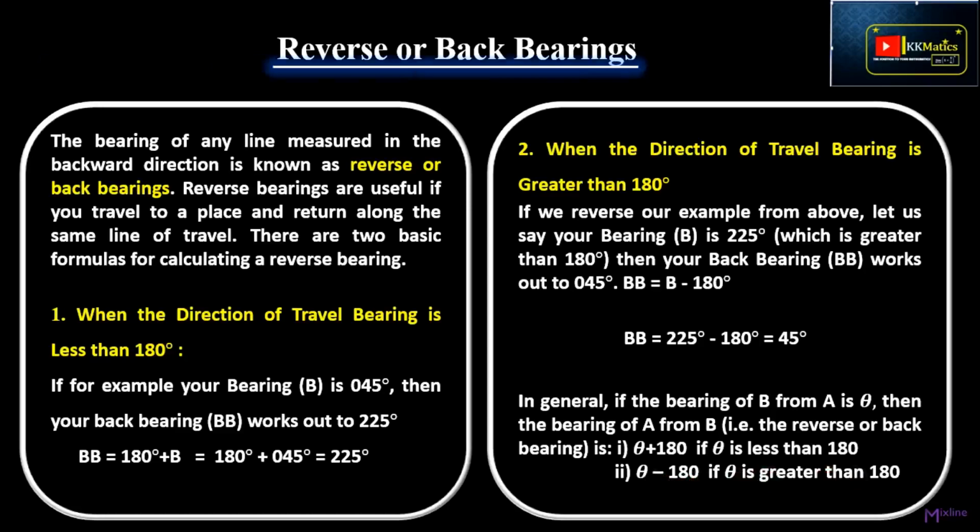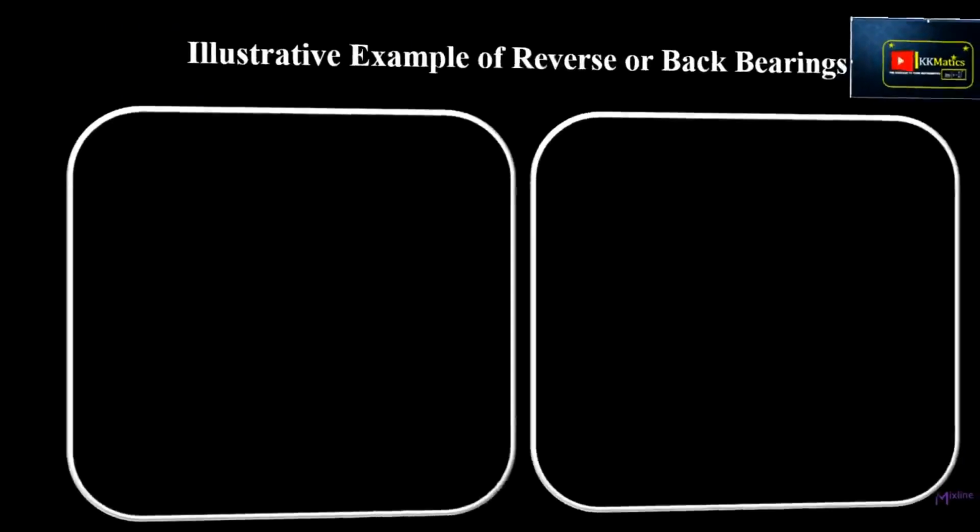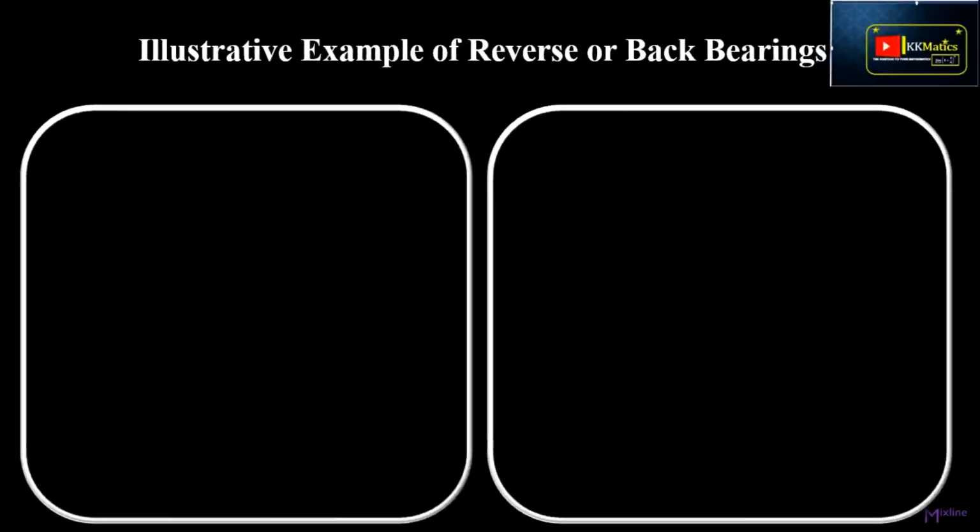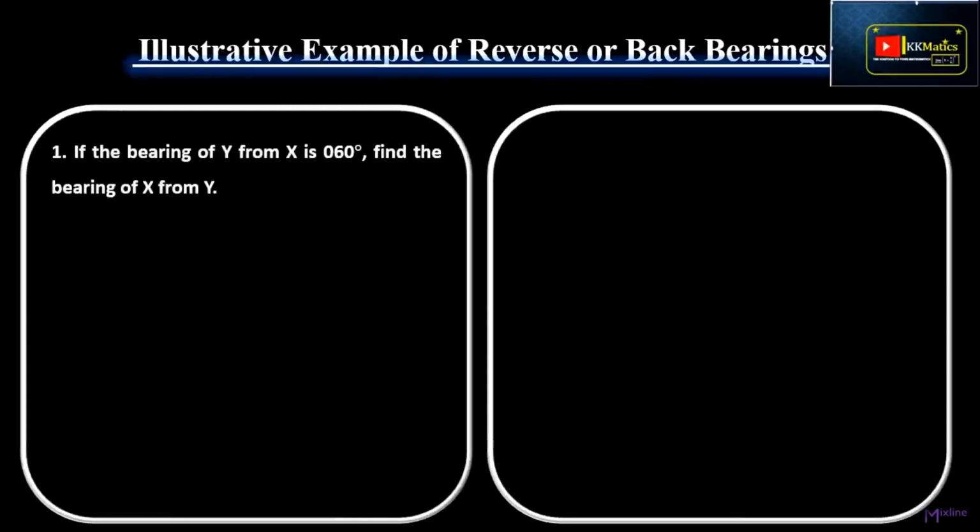Illustrative example of reverse or back bearing. If the bearing of y from x is 060 degrees, find the bearing of x from y. Solution here. Obviously, we know the bearing of y from x.